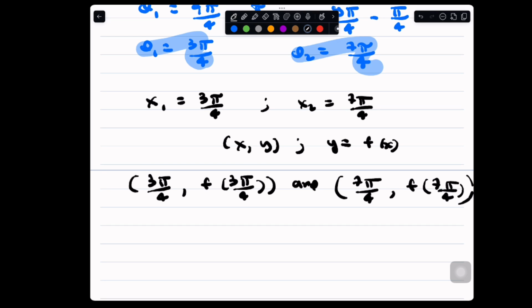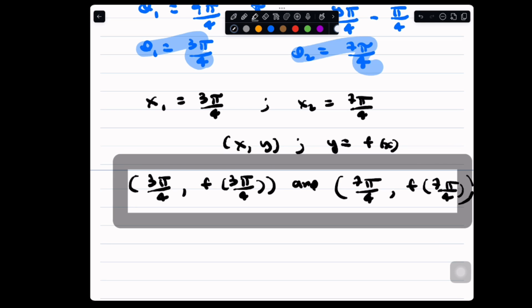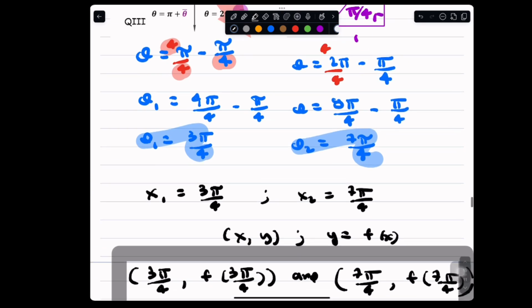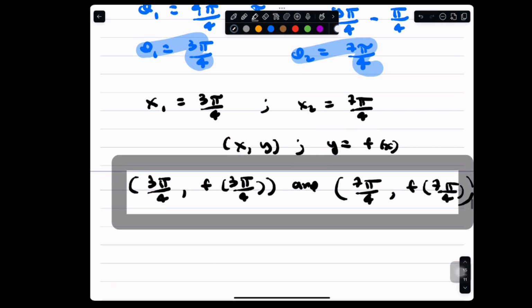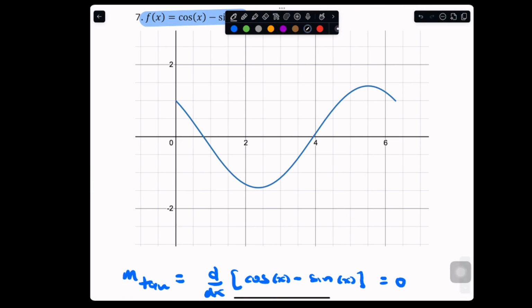Again, those are the two locations where you have horizontal tangents. So 3 pi over 4, 7 pi over 4, at this picture, this is where 3 pi over 4 will be.